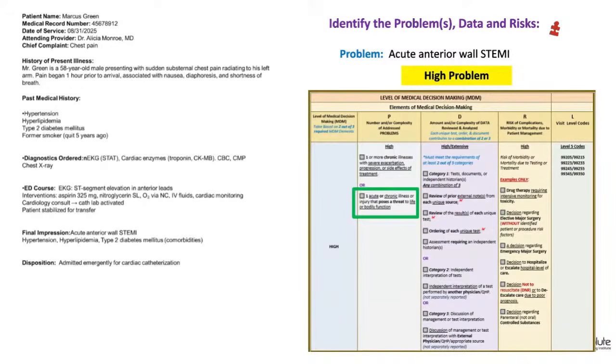Before I turn the slide, does anybody want to take a stab at the problems? That's going to take you a moment to do. Anybody want to guess what the problem is? You don't have to figure it out here, but you can tell me, do you think it's low, moderate, or high? And if you know why, then tell me.